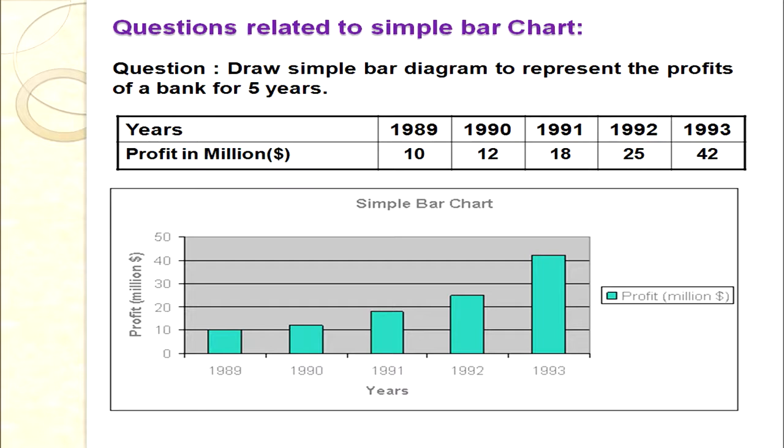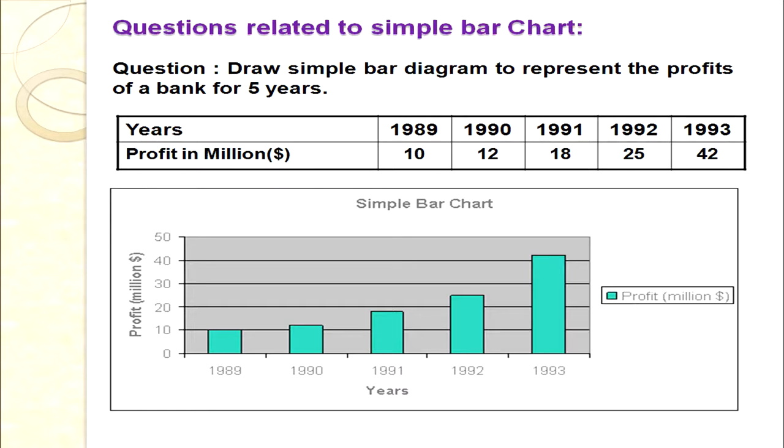Mind it, while you are drawing diagrams, you have to label them and make keys to indicate what it represents. So, we first write years on the x-axis, then we plot the years 1989, 1990, 1991, 1992, 1993 in such a way that they are equidistant, and whatever rectangles I am going to make will be of equal width.